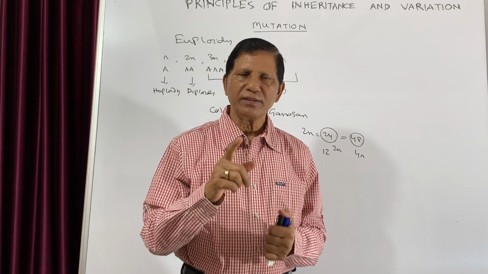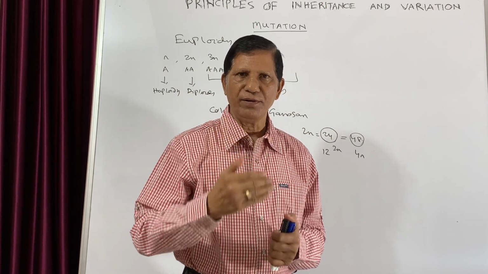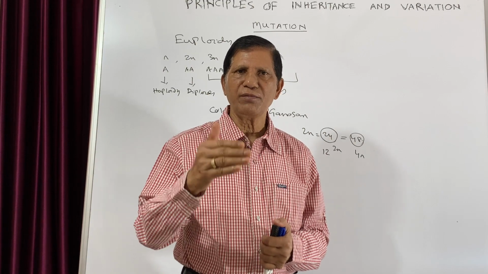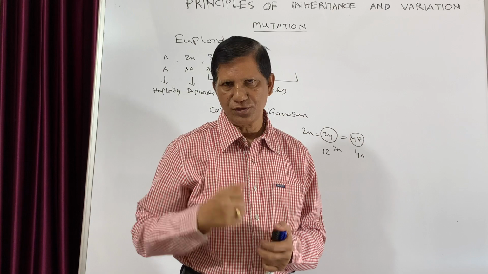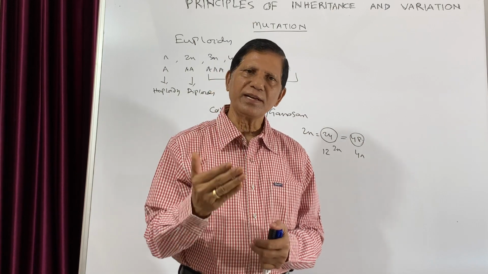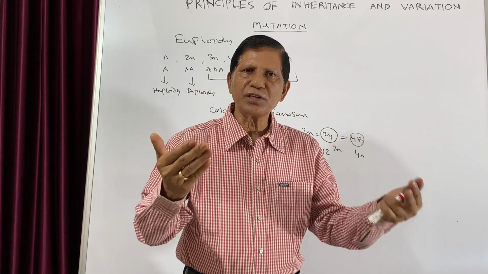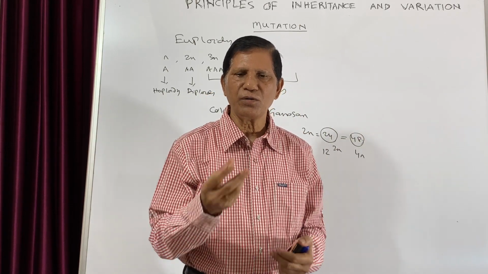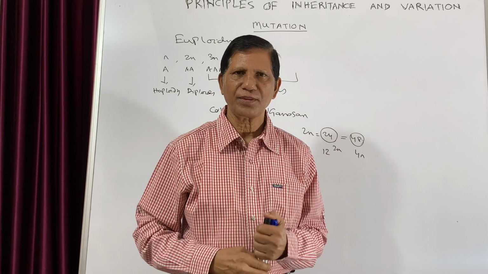But here one thing is very important. When we increase the ploidy level from 2n to 3n, 4n, 5n, 6n, the size of the different parts increases. So one may think that when the size increases, let us increase the ploidy level to such an extent that the size of all fruits and grains will be very big. But no. Why?